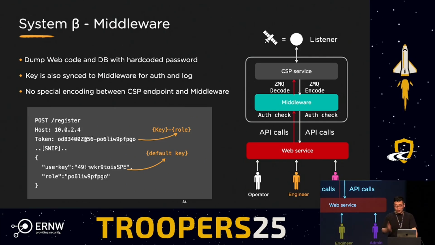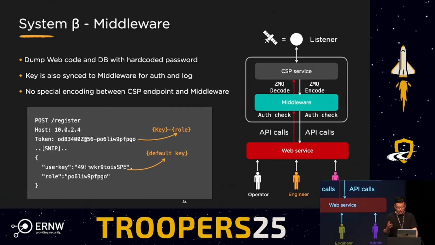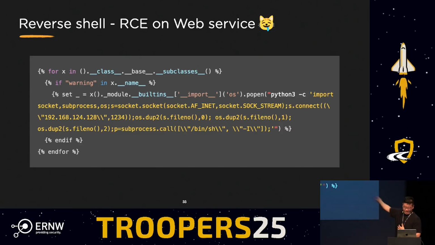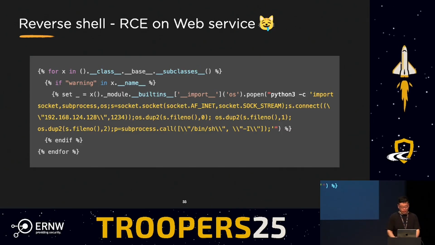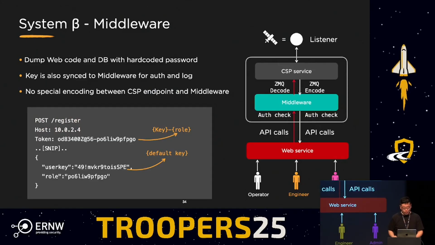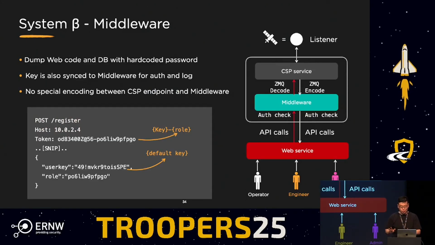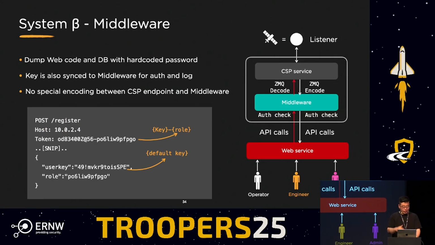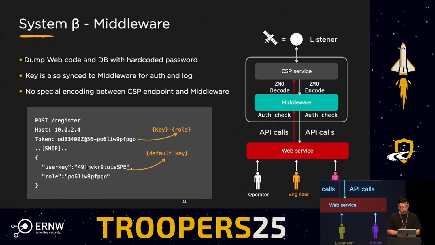But I found a lot of errors, because it seems my key is too long and has a bunch of special characters. So the middleware just refused to accept this kind of key, because the key is also one of the authorizations in the API calling.